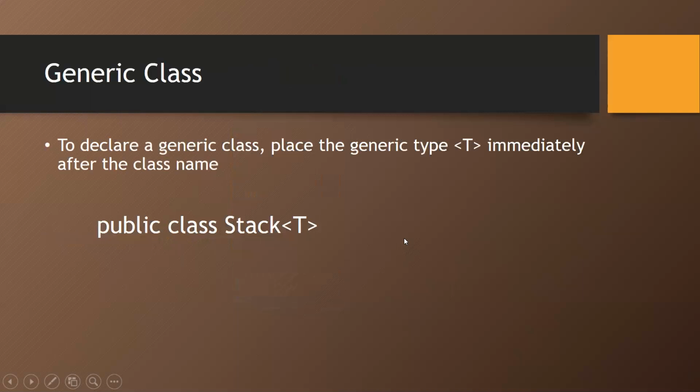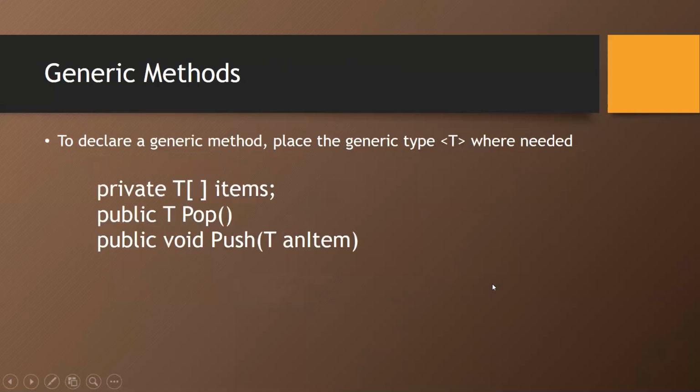So if I were creating a stack, I could use a class statement like this. I've put this generic indicator here saying I'm going to create this new class called stack, and it's going to be using generics. Now when I create methods inside my class, I can use that uppercase T, that letter, in place of data types throughout my whole class.